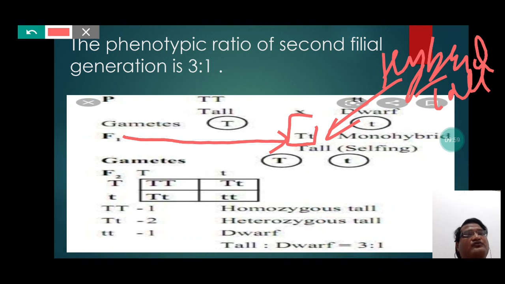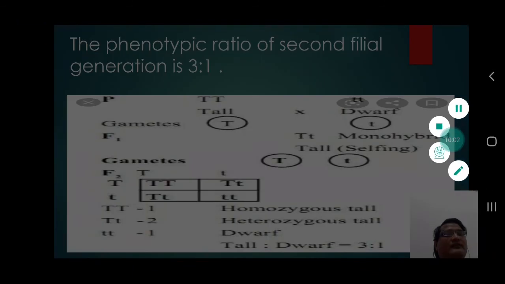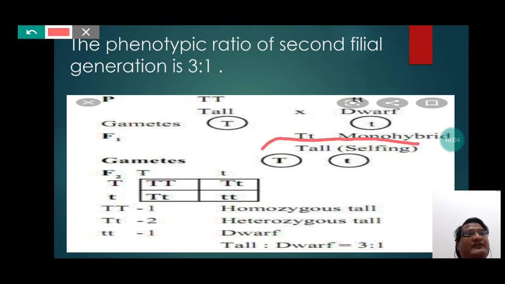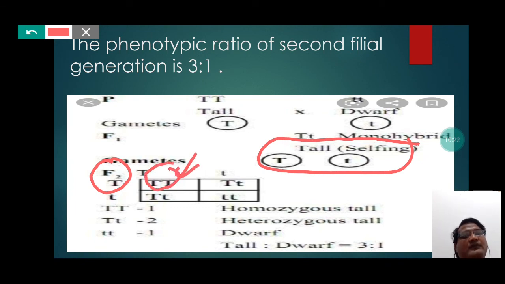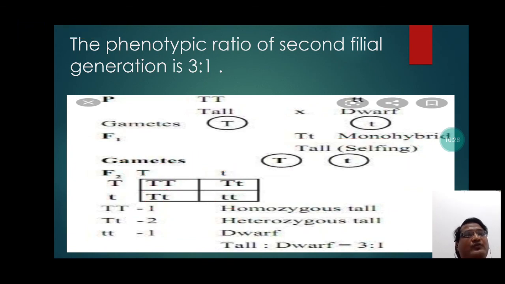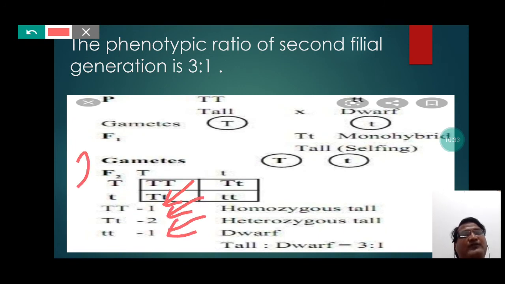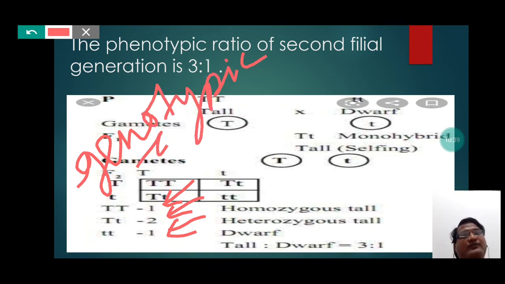Now students, when the F1 generation is further selfed, then in the F2 generation the genotypic ratio obtained is 1 is to 2 is to 1, which has been shown also here, 1 is to 2 is to 1, which is, students, the genotypic ratio.